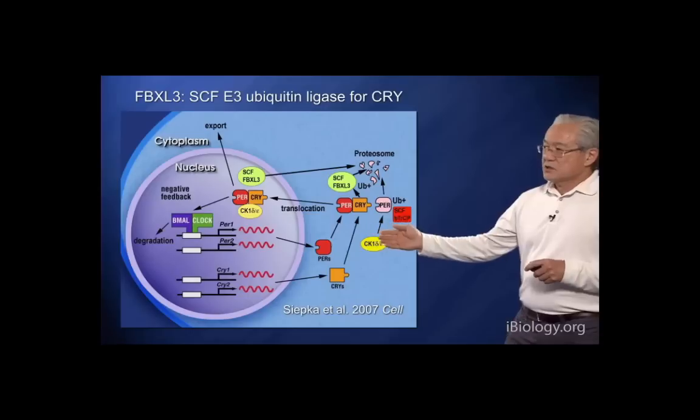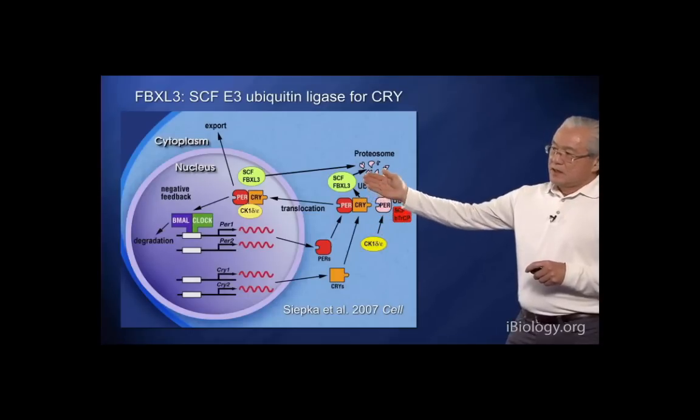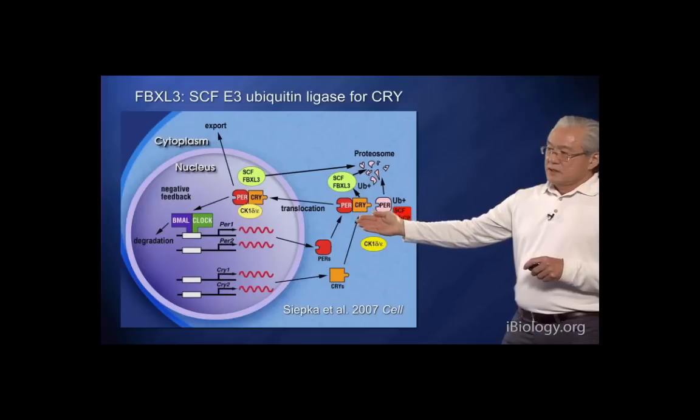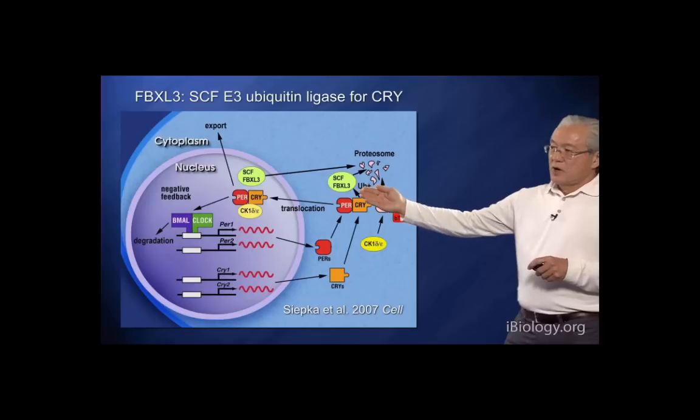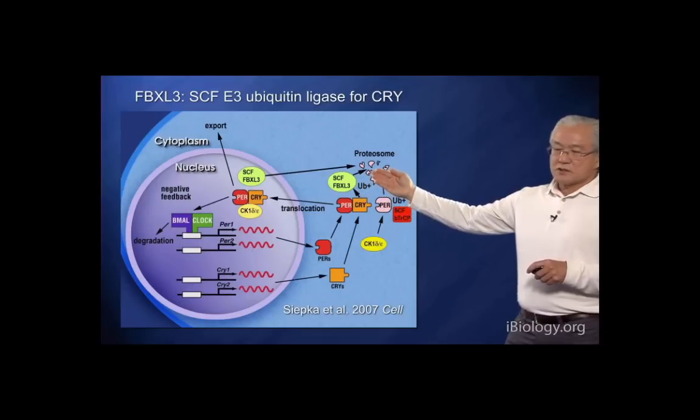So to make a long story short, FBXL3 uncovered a new F-box protein that targeted the cryptochrome protein for ubiquitination, and that mark then tags cryptochrome for degradation.